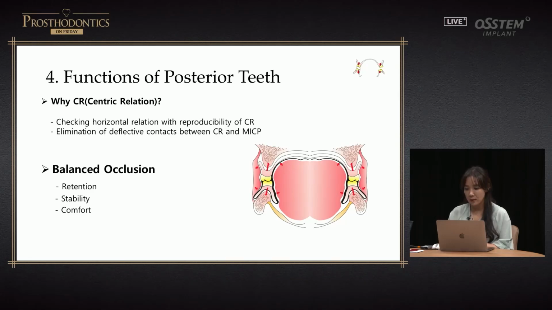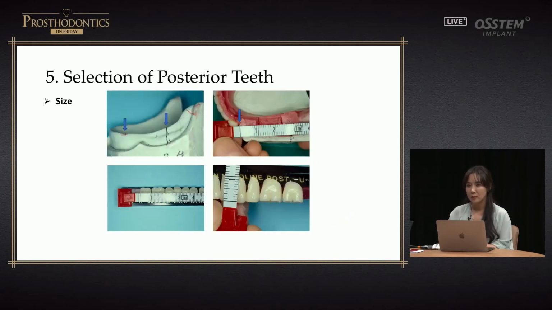Choosing artificial teeth, as you can see here, some teeth need to be eliminated. In that case, what teeth need to be eliminated? The first premolars, as they have least function among the posterior teeth, or the second molars. If bone is resorbed at the starting point of a canine, in many cases the posterior teeth would be inclined.